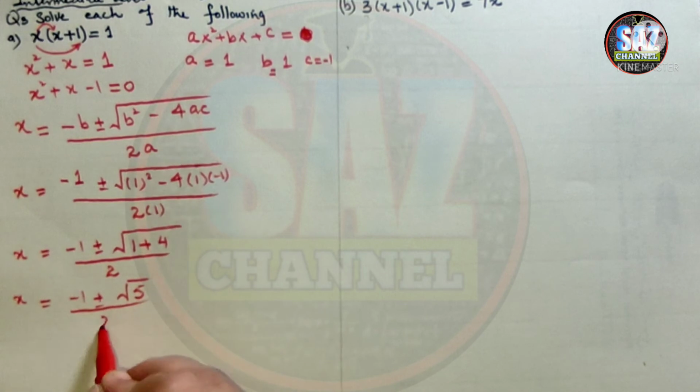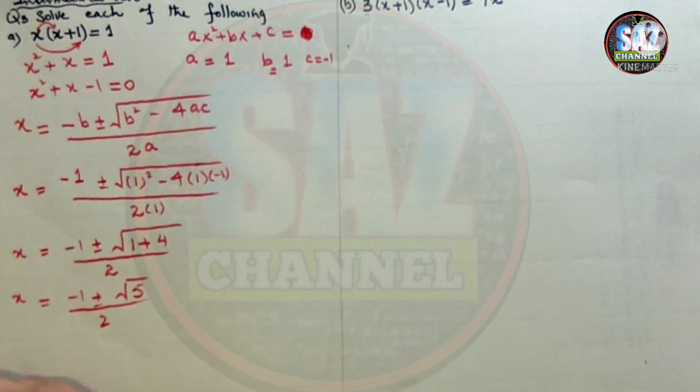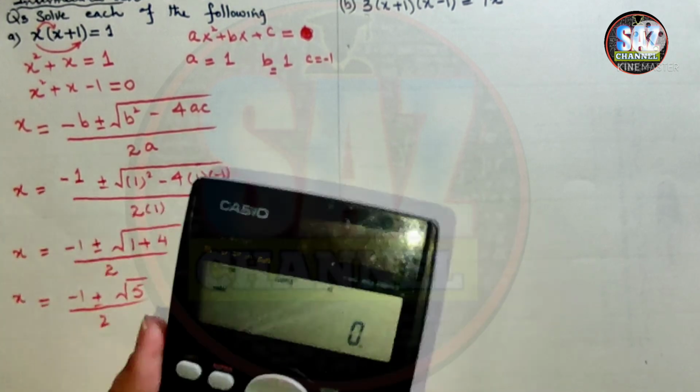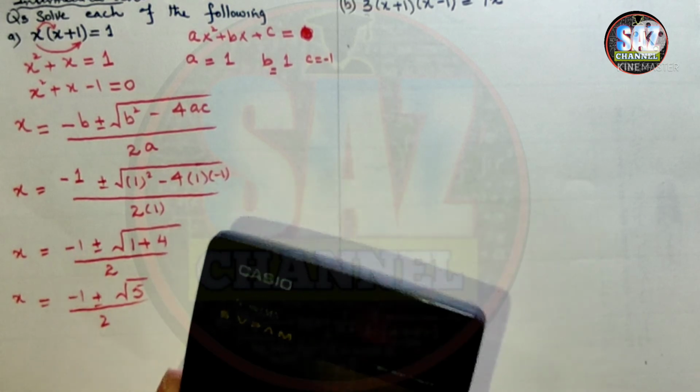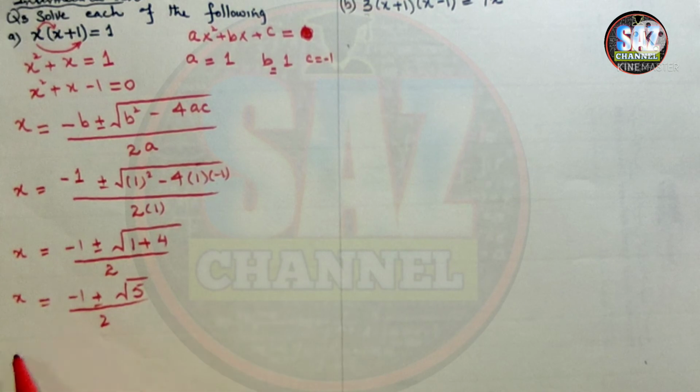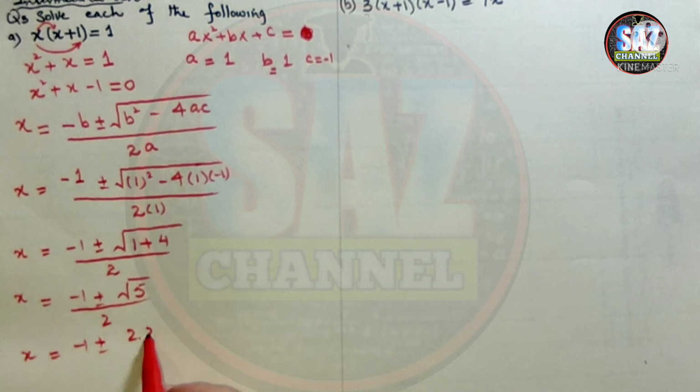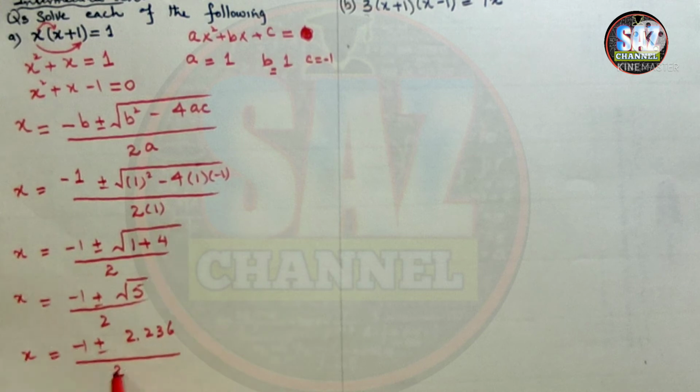Now we have to add them up: minus 1 plus minus square root 5 by 2. Now I have to find the value of under root 5, and this gives me 2.236. So x equals to minus 1 plus minus 2.236 divided by 2.